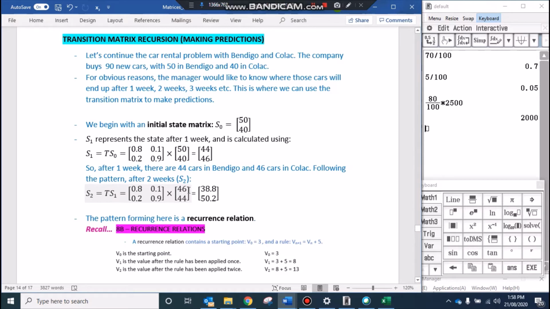So we multiply it by this matrix, 44 and 46. And what we got out is, there's decimals there, but rounding to the nearest number, you would say that there are 39 cars in Bendigo and 50 cars at Colac.